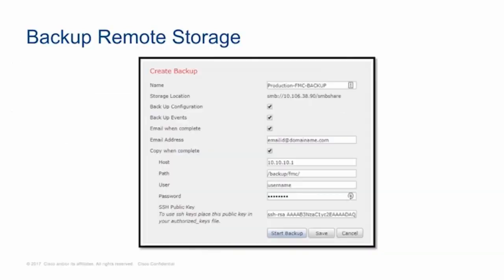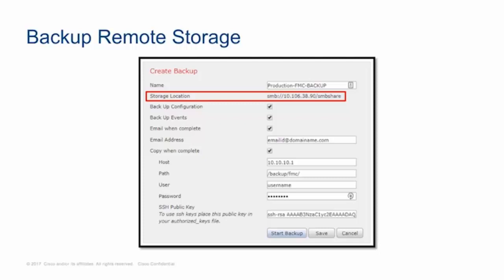When we use remote storage, you can see that the storage location is changed. Earlier, we were able to see that it is stored at a local location, which is /var/sf/backup. But here you can see that whatever we have configured for remote storage, it is giving us that particular path.